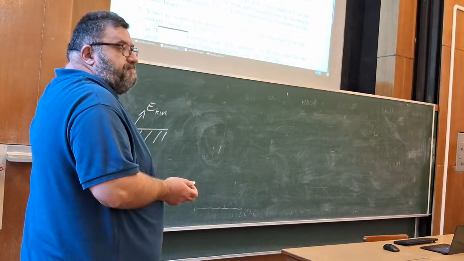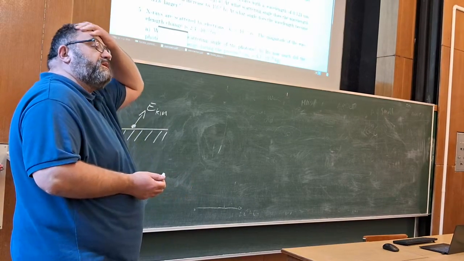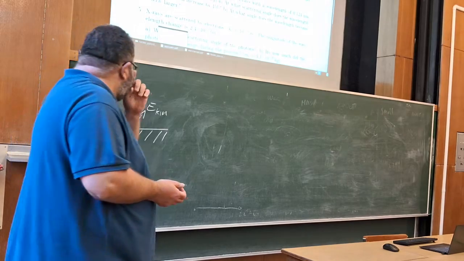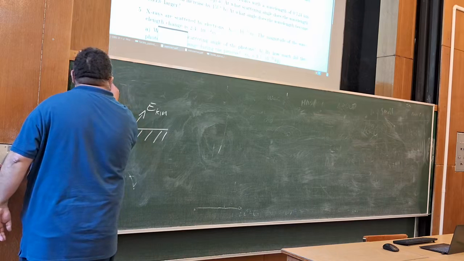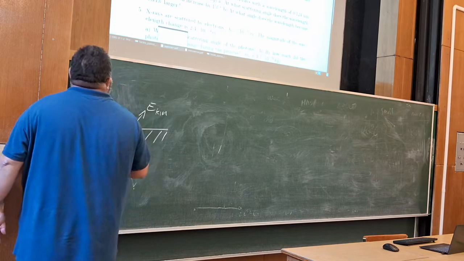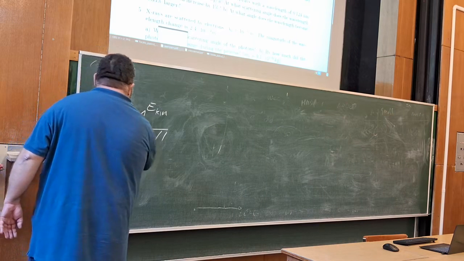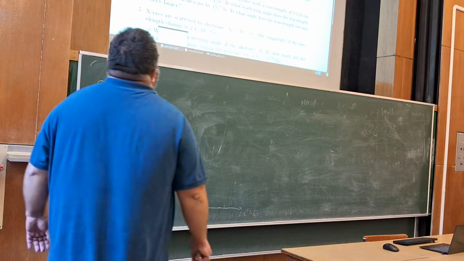We have a photon, it hits an electron that is close to the surface of the material, so it could leave it. The photon is here, and it hits the electron.